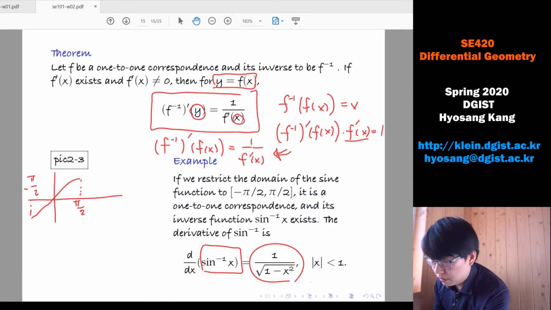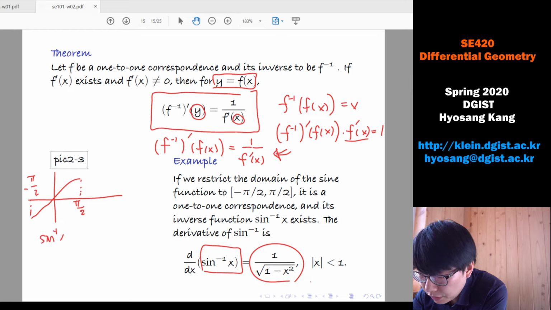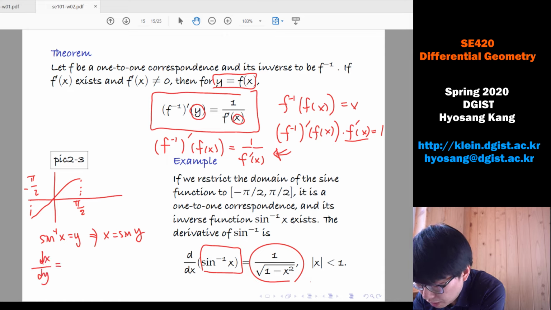So how do you take this derivative? The easy way is to simply consider sine inverse x equals y, which means that x equals sine y. Then instead of taking dy/dx, the derivative of inverse sine, let's take dx/dy. Then you get cosine y, right? Because we are taking y as the independent variable and x as the dependent variable.